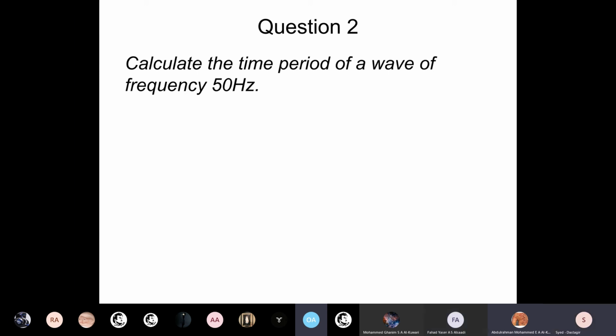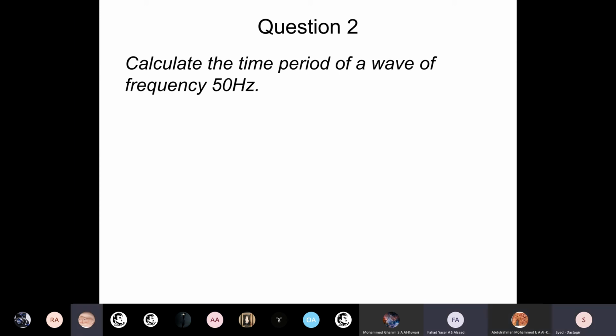Okay, how do we calculate this now? Now it's asking for the time period. What do we do? I'm confused. Why are you confused? You have the equations.